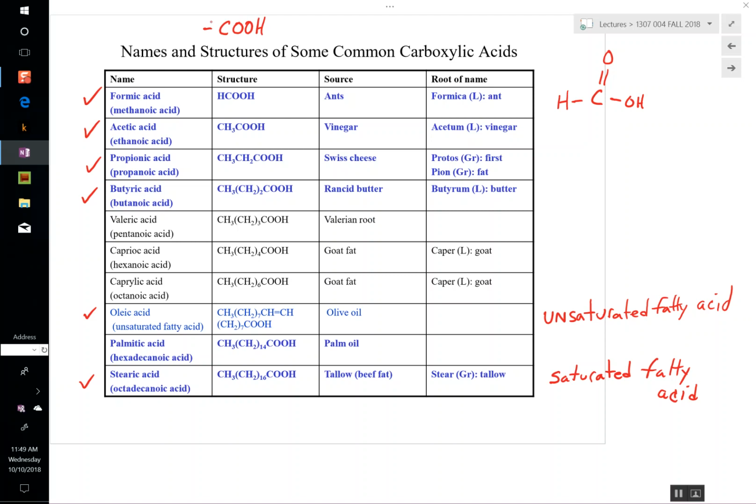The second OH is just a hydroxyl group. So HCOOH is formic acid. Fire ants, they bite you, and you feel like you're on fire, you're itching, everything's itching. They've left behind a little bit of formic acid. And that's what's so irritating in their bite.